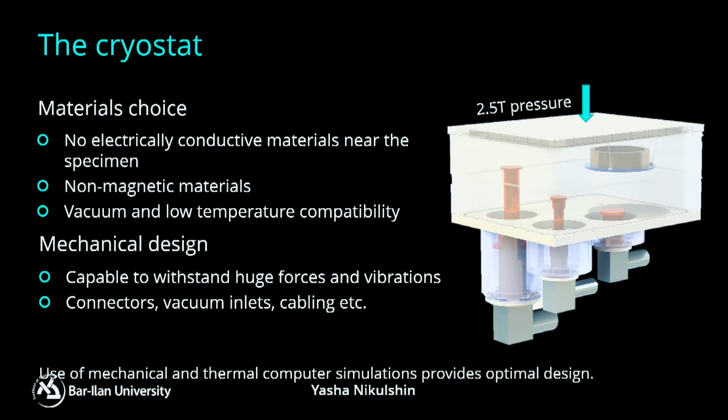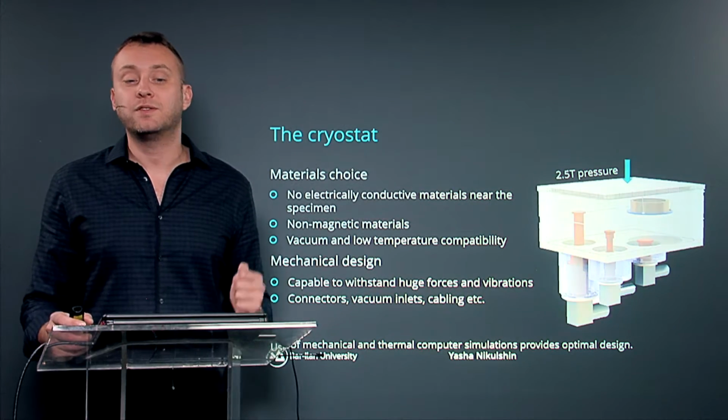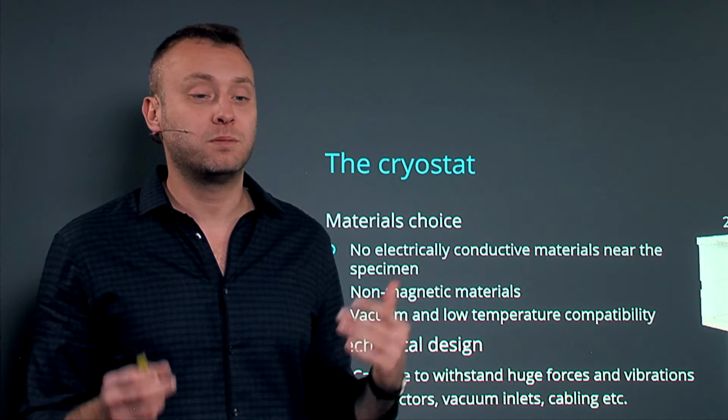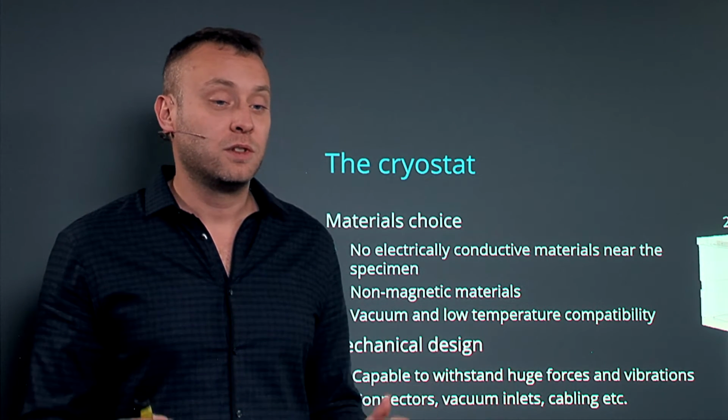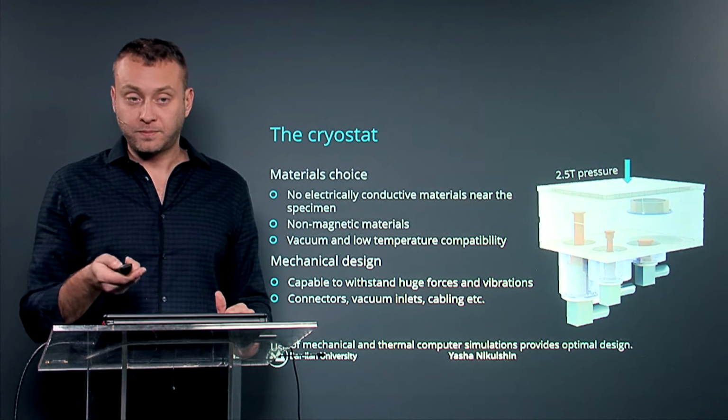So it was a challenging task because, for example, on the top cover of the cryostat, the force was about 2.5 tons. So the material has to be strong enough to withstand these forces and all the vibration involved, and the design must involve all the connectors, vacuum inlets, cabling, peripheral measurements, and so on, from the start.